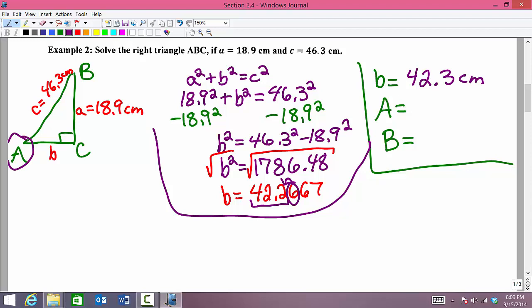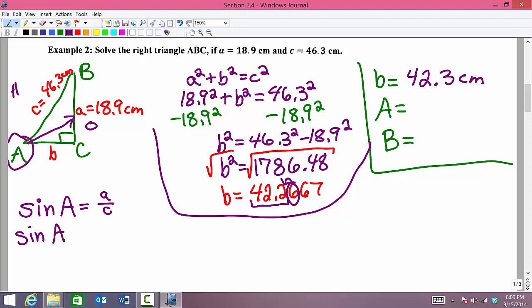So for angle A, the sides we knew would be the opposite side and the hypotenuse. And opposite and hypotenuse deal with sine. So we're going to set up a trig equation based upon the angle that we want to find and two sides that we already know, A and C.